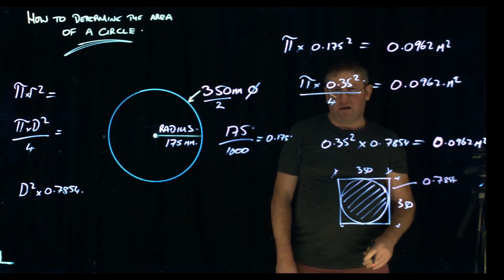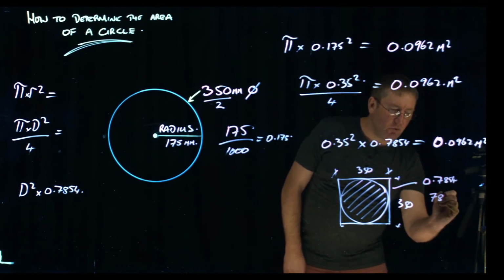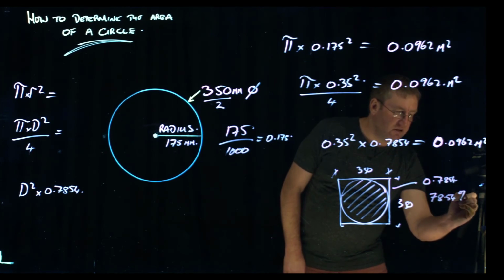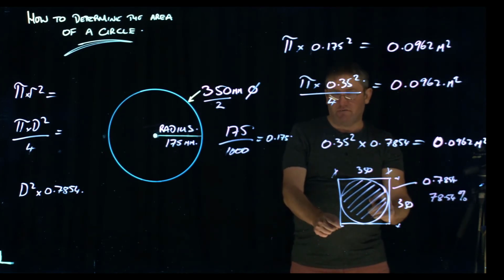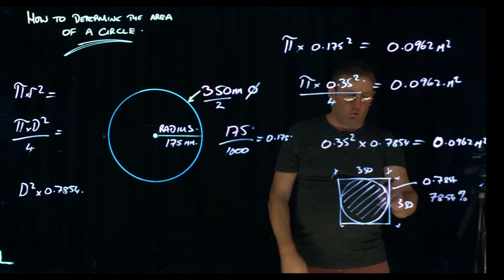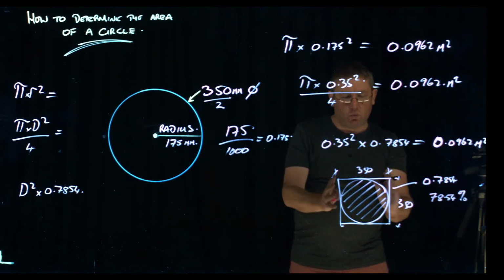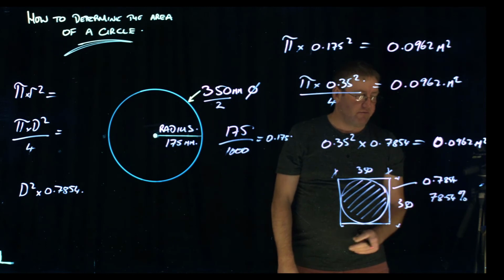You could look at that as a percentage: 78.54% of the square, which is 350 square. Or if you just said 350 square as 1, it takes up 0.7854.